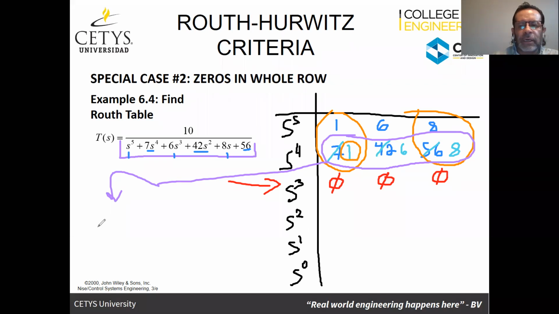And I'm going to create a new polynomial that's called P of S. And the polynomial is going to be the coefficients, so it's going to be S to the 4 plus 6S to the 2 plus 8.